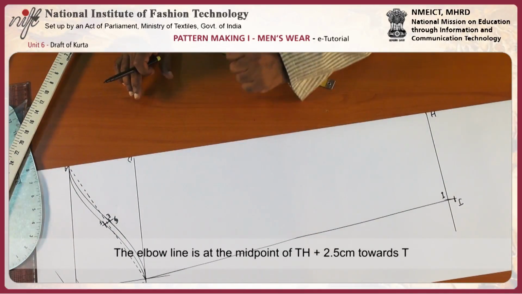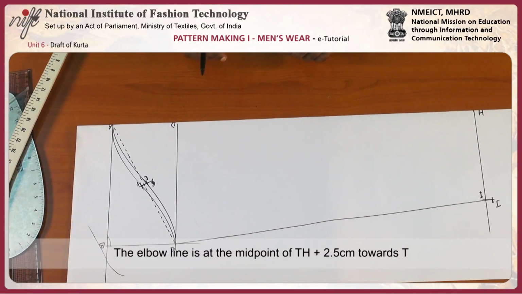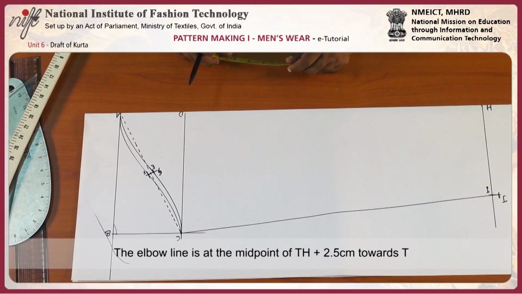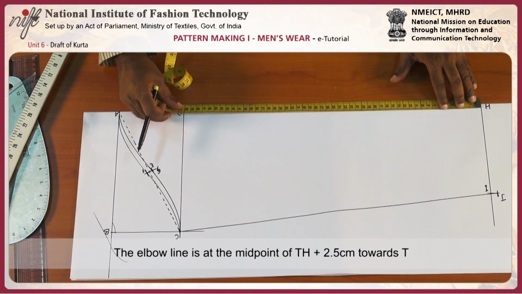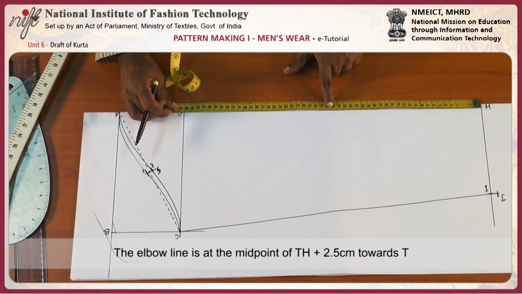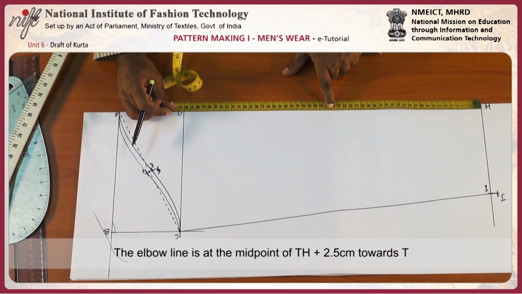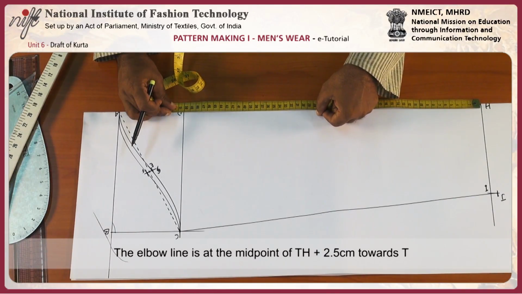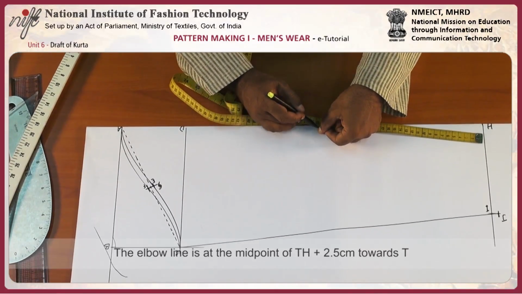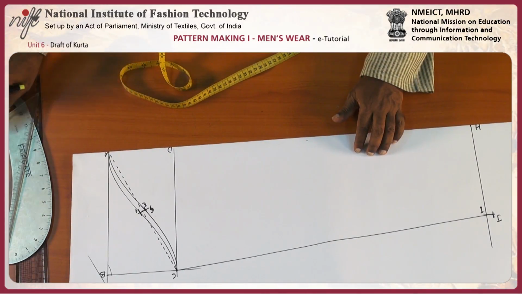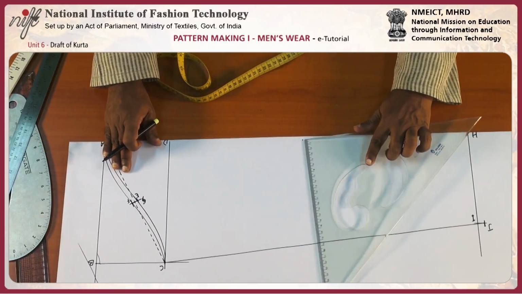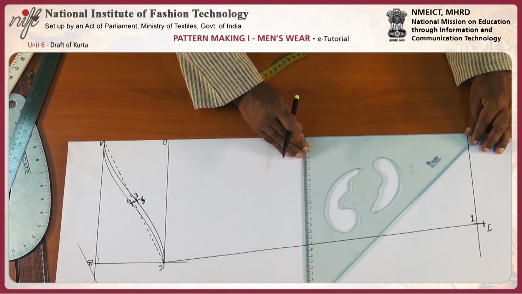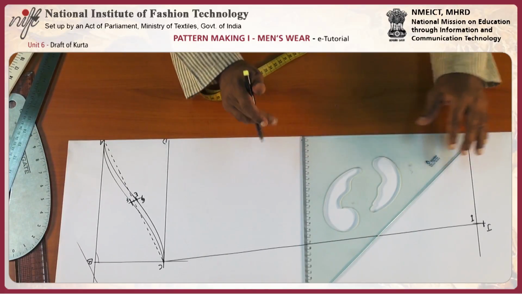Here I have not measured the elbow line. Yes, you can also indicate elbow line, which is mid sleeve, that is midpoint of D and H plus 2.5 centimeter towards D. Midpoint of DH plus 2.5 centimeter measured from point H will be the elbow line.